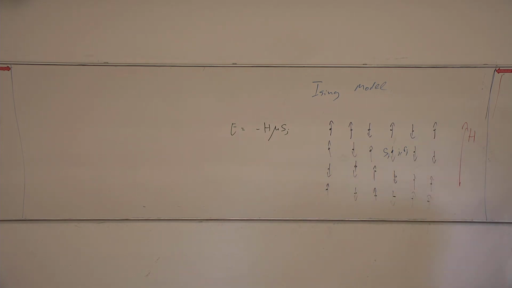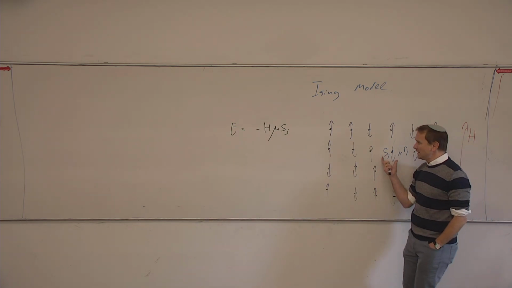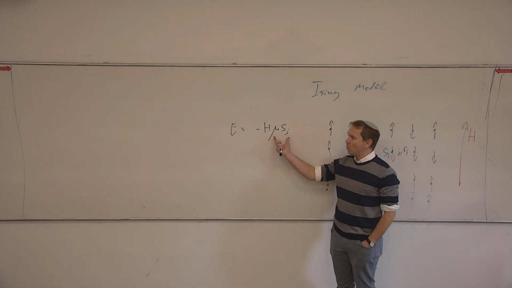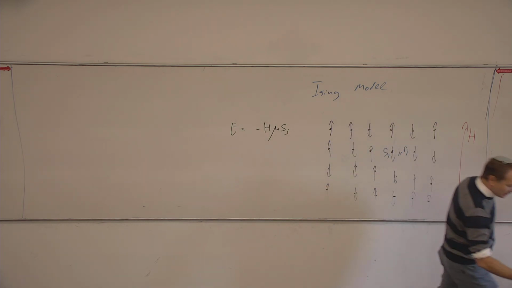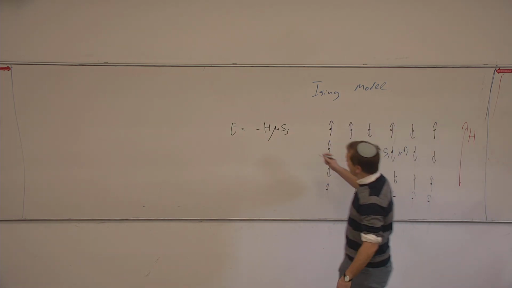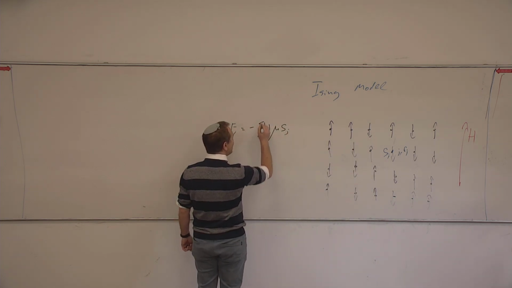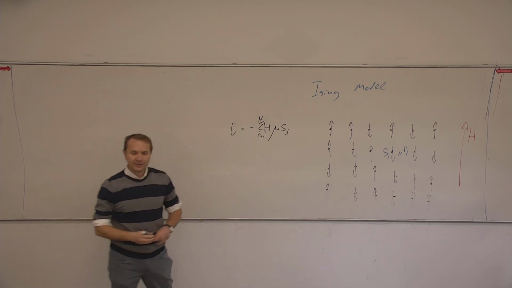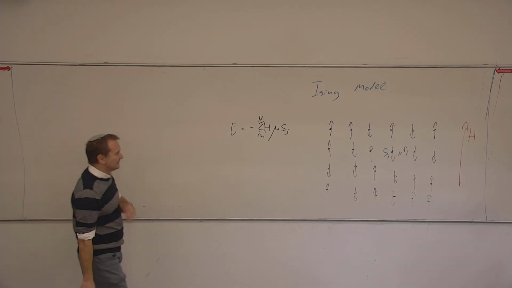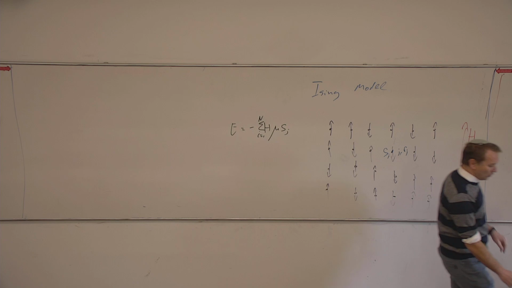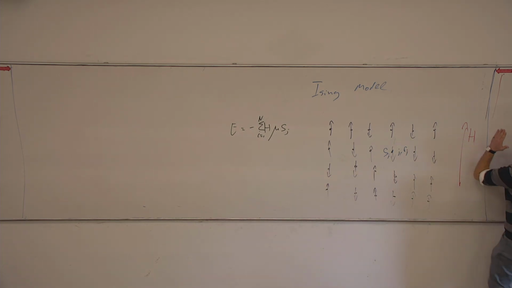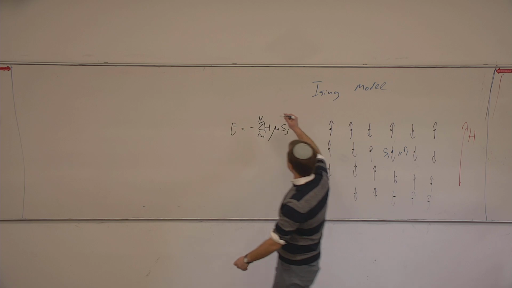Now, of course, this is just the interaction of one specific spin with the external field. In general, we have to count over all the possible spins that we have inside our system. j goes from 1 to n. Here we are looking at the case where H is pointed in one direction and the Sj's can be either +1 or -1. You will see that this idea can be extended.